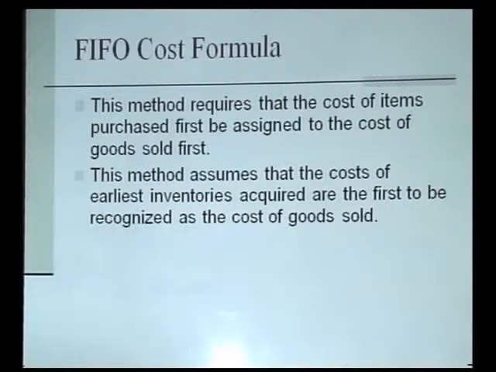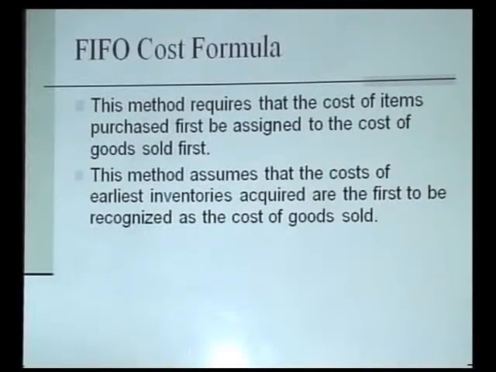In other words, in the stores there may be several layers of goods purchased at different times. So the first stock that was taken in, there must be a cost. So the first in will be issued first.